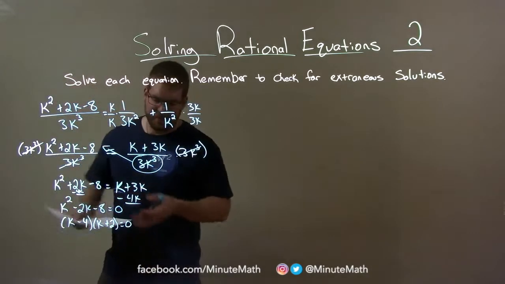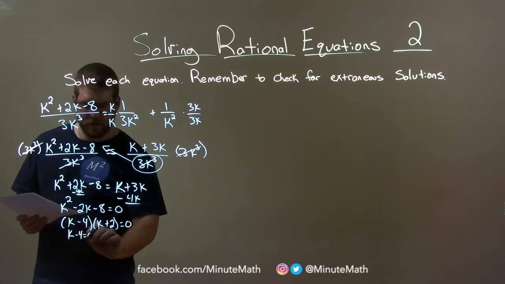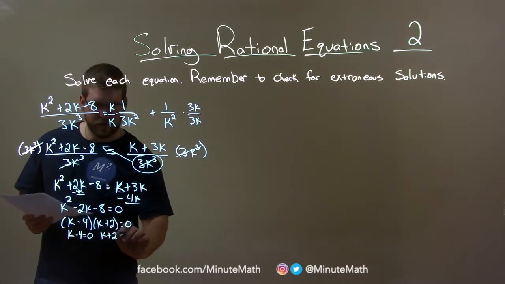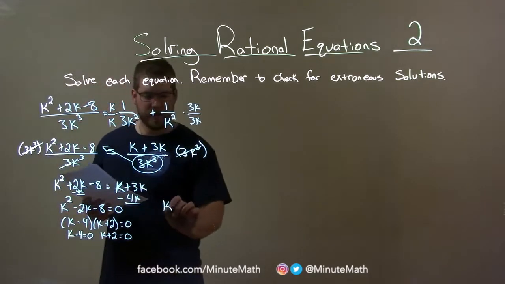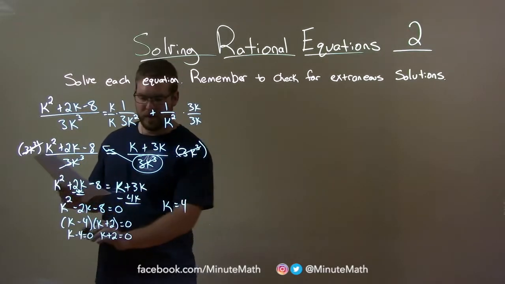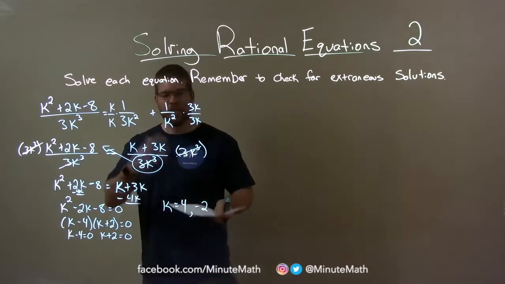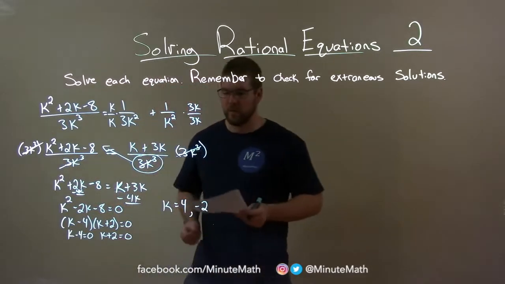Solving that is pretty easy. We set each one equal to 0. k minus 4 equals 0, k plus 2 equals 0. And so my two options for k here are k equals a positive 4, remember, add 4 to both sides, and a minus 2.